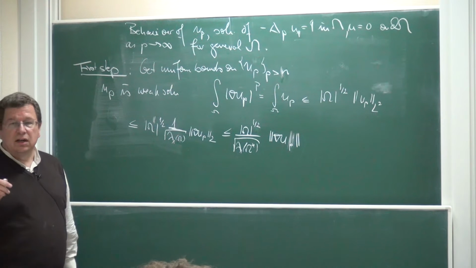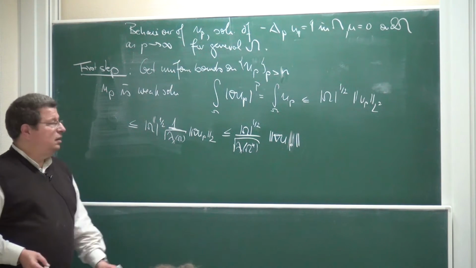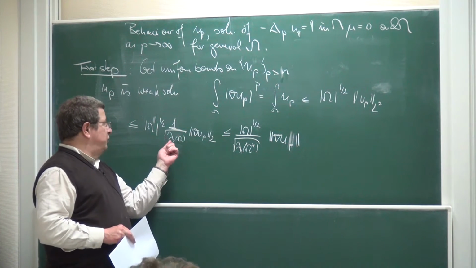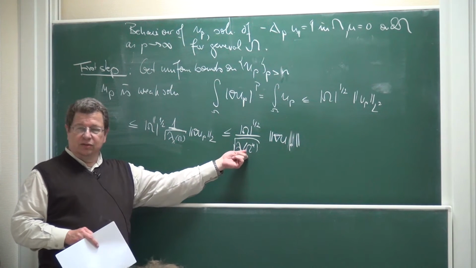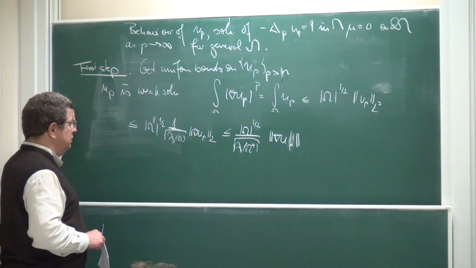Omega star is the ball of same volume as omega. And we have this Faber-Krahn inequality that says the first Dirichlet eigenvalue of any domain is bigger than the first eigenvalue of the ball of same volume.